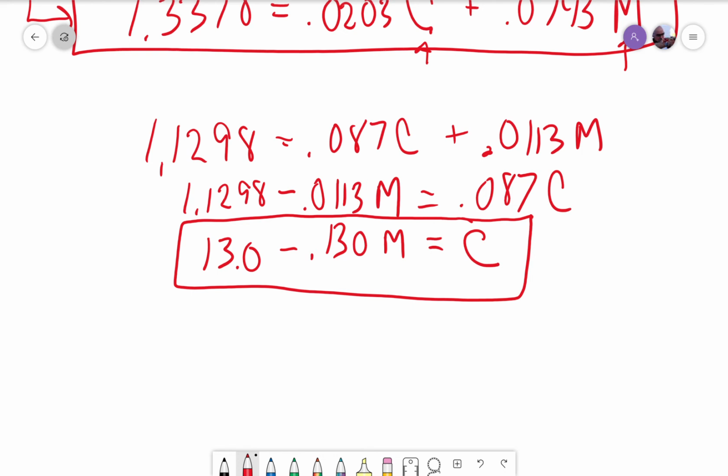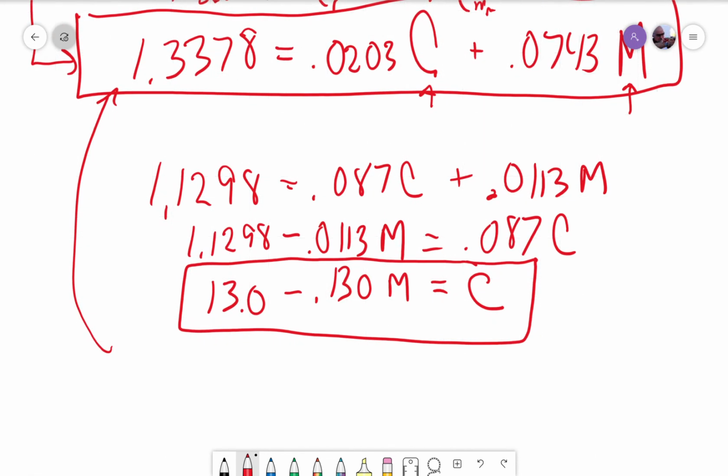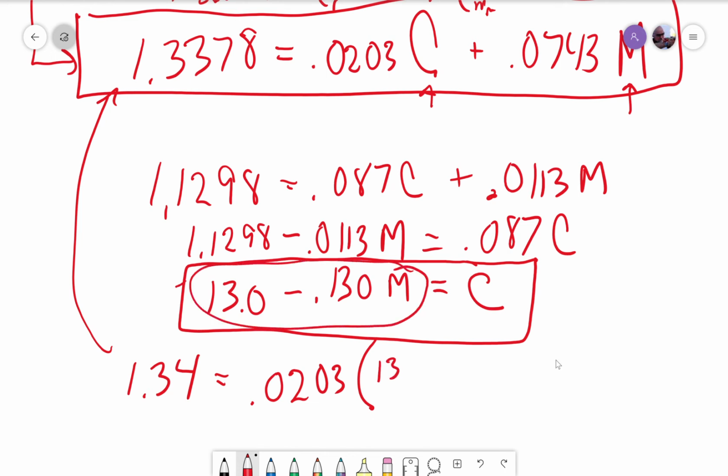Now I'm just going to substitute that back into this second equation here. So it's going to be, again, going to three significant figures, 1.34 equals 0.0203 times, and I'm going to substitute C in for that concentration.